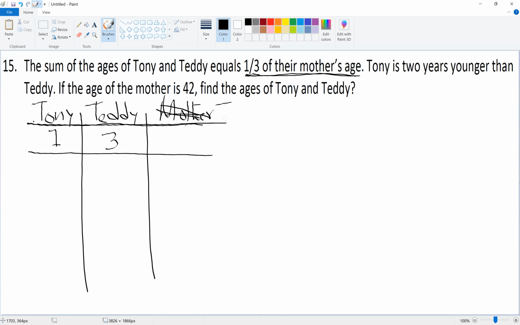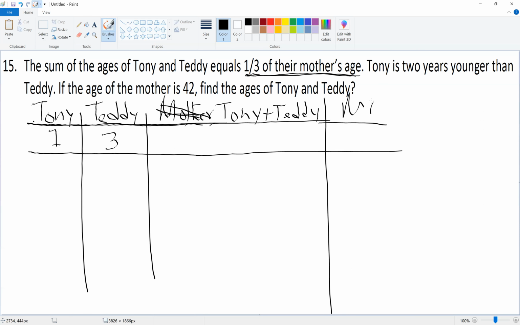So let's do Tony plus Teddy, and then I will write mother. So Tony plus Teddy is 4. If the sum is 1/3 of the mother, what is mother? 12. So that's low.